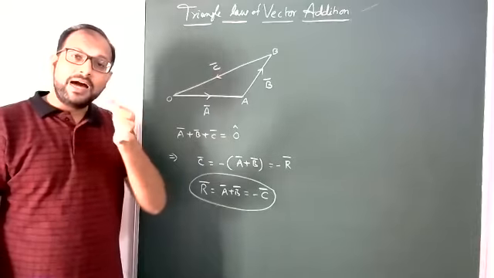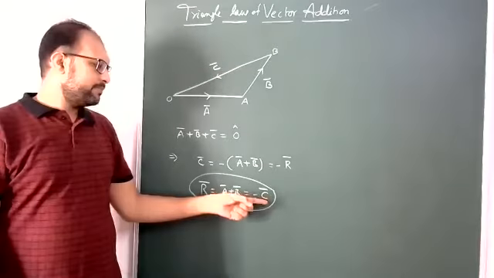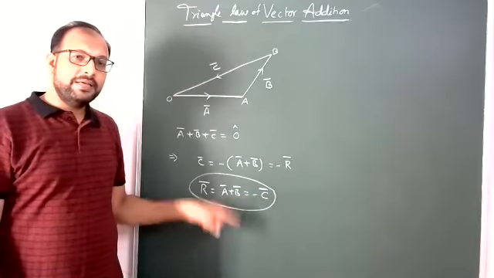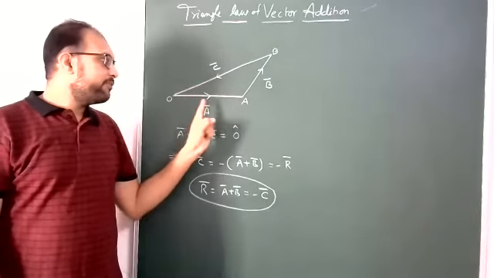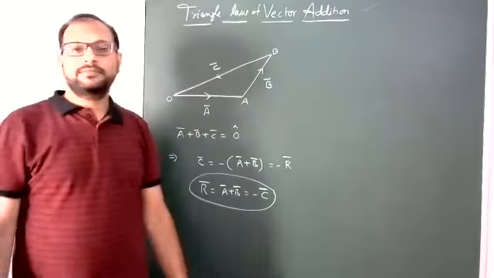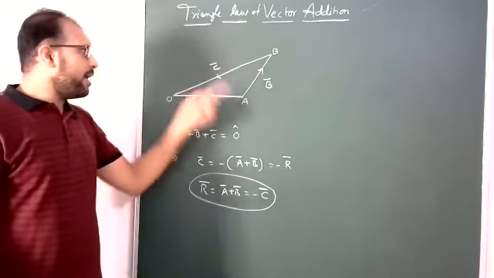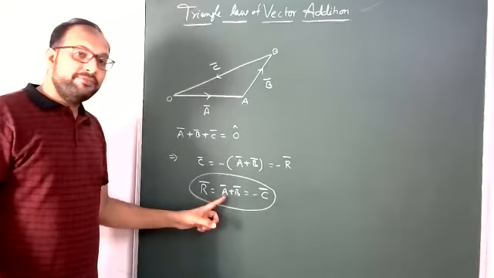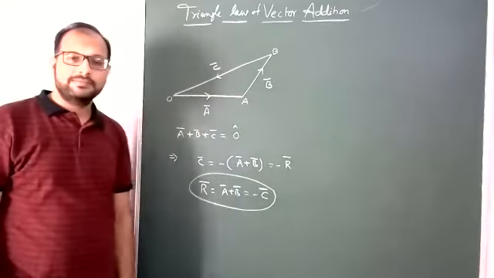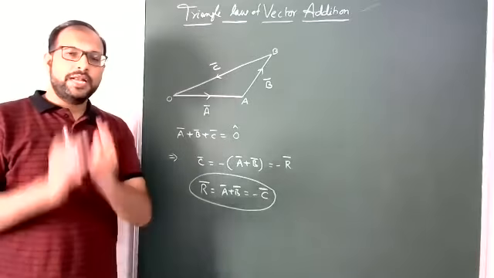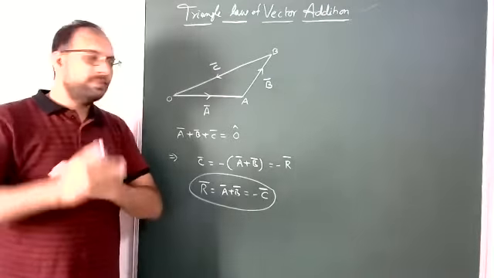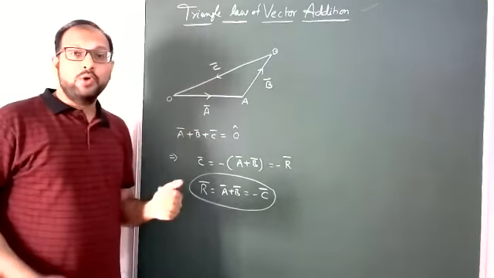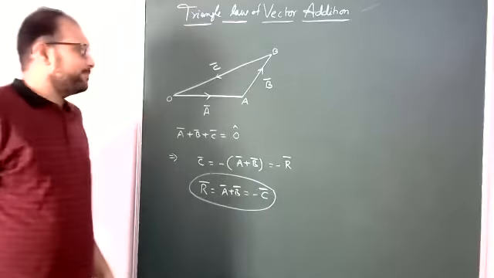The negative of the last vector is nothing but the addition of the first two vectors. Now how to conclude, just listen.